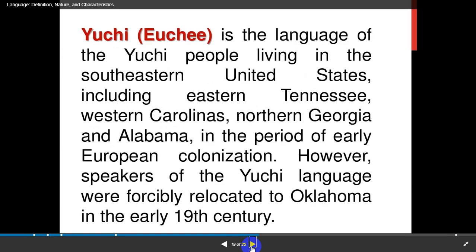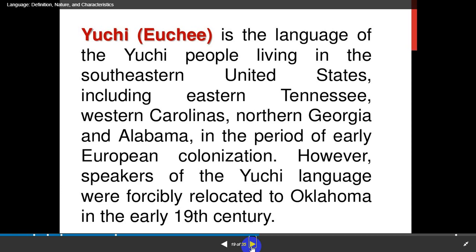Yuchi is the language of the Yuchi people living in the southeastern United States, including eastern Tennessee, western Carolinas, northern Georgia, and Alabama, in the period of early European colonization.